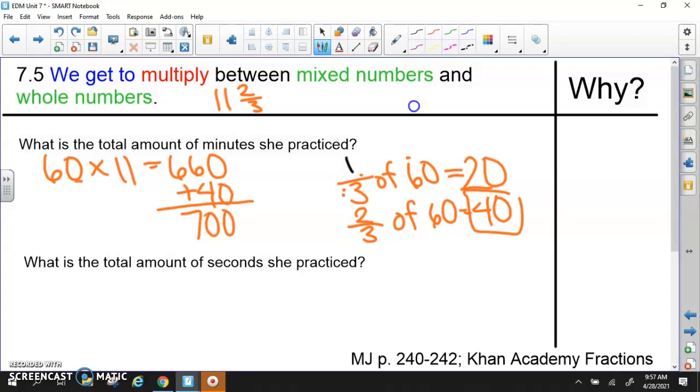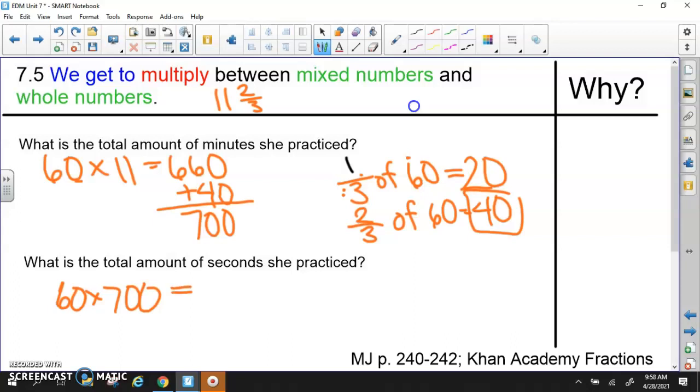Then it says, what's the total amount of seconds she practiced? How do I convert from hours to minutes? How many seconds? I'm sorry, going from minutes to seconds. 700 times 60, because we know that there's 60 seconds in a minute, right? To convert that, what can we do?